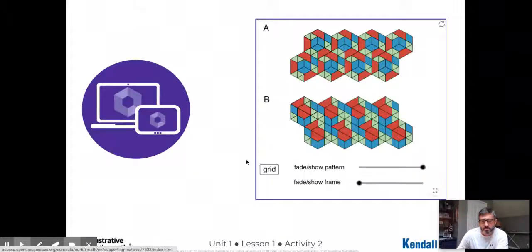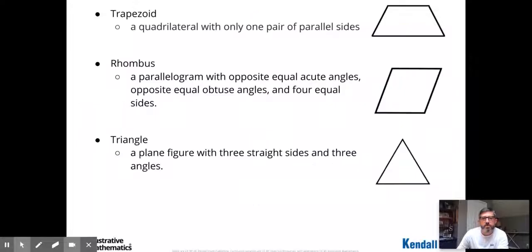The triangle has 3 sides. The trapezoid has 4 sides, and these 2 sides are parallel right here. The rhombus has 4 sides, and these 2 sides are parallel. These 2 sides are parallel.